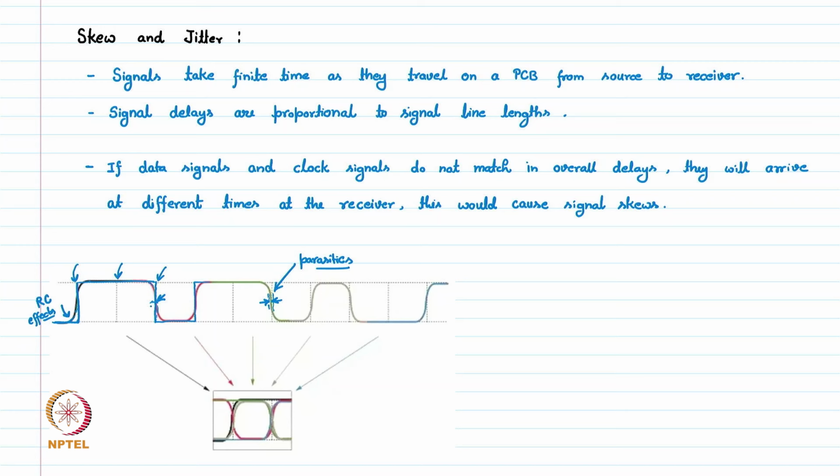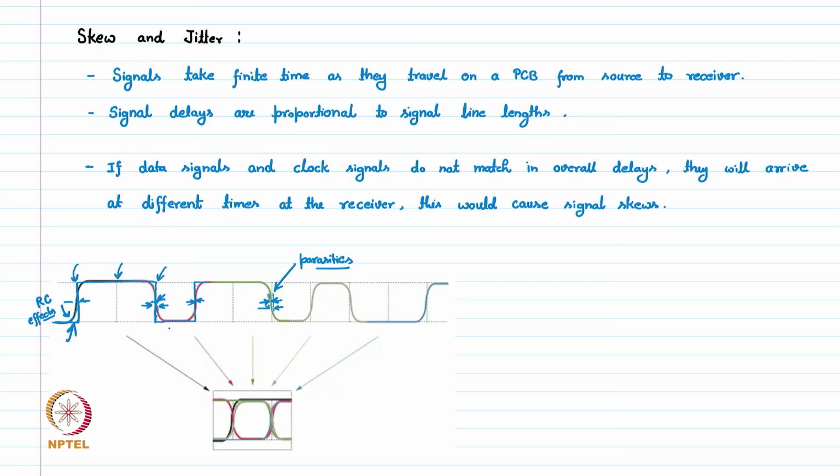So the point is, on the corners, on the sharp edges, we have this rounding, and the other thing is, for the same falling edge, we have different delays. Here, let's say, the delay is lesser, here the delay is longer. Similarly, for the rising edge, here the delay is smaller, here the delay is higher for the same rising edge.